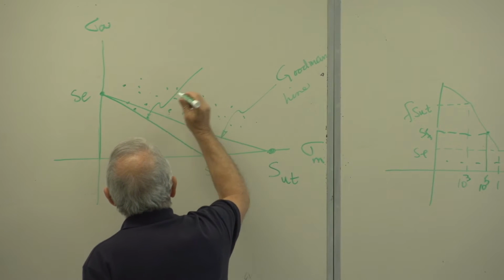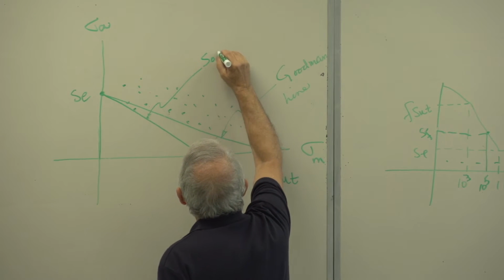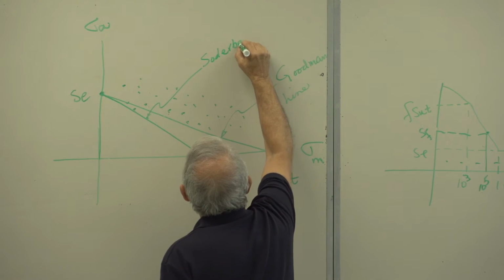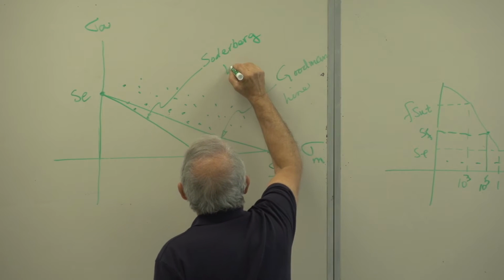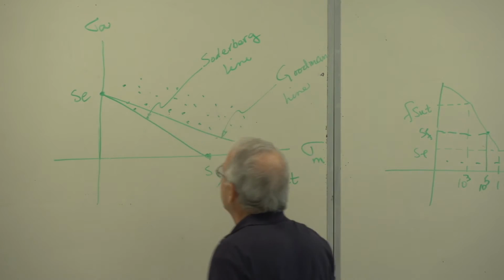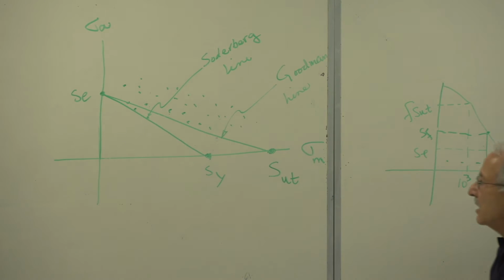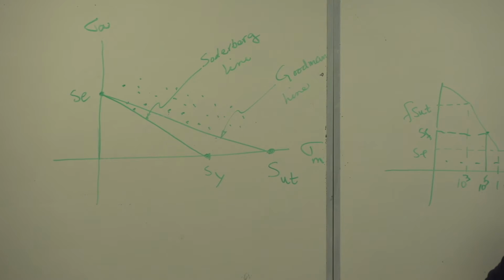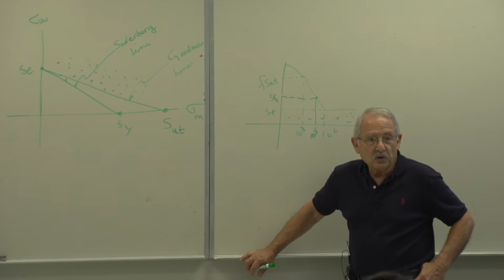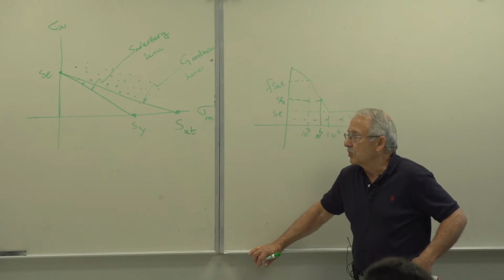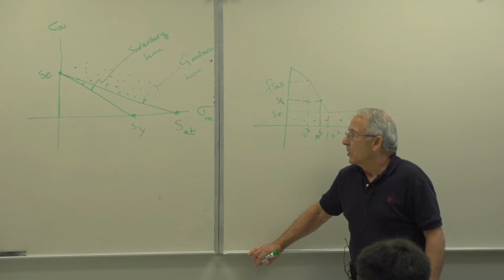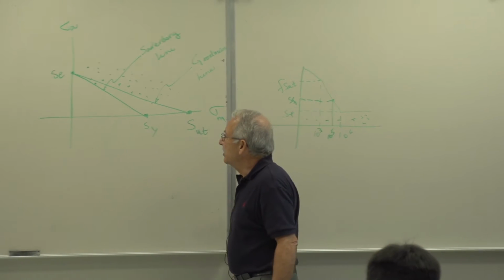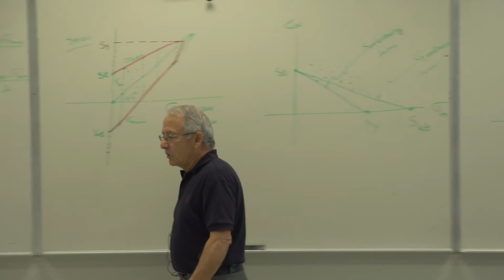So this is called Soderberg line. In reality, a much better fit to those experimental points are not straight lines, but curved lines, such as a parabola or an ellipse. And I'll show you that on a screen as well. Any questions?